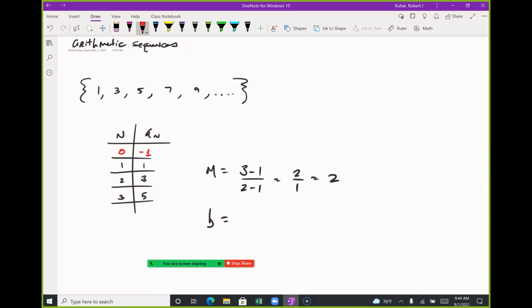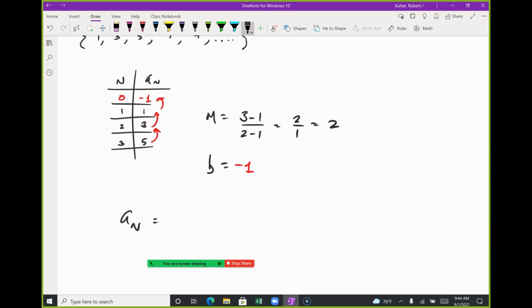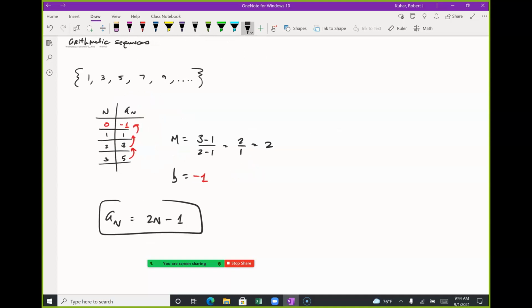It's the height of the line when x is 0. So I can just do that by working my sum backward, right? So b is -1, and then there's my sequence. So a sub n is 2n minus 1, right? So when it's arithmetic, it's easy to find the sequence, right?